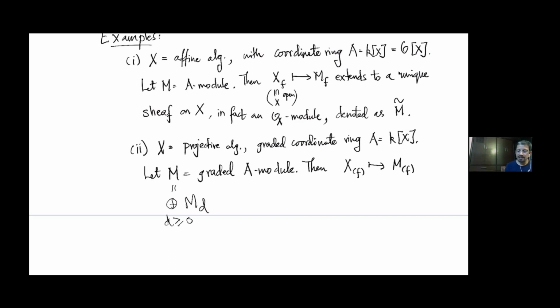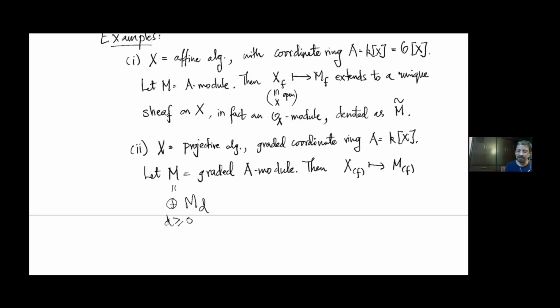And then X_f goes to M_f. X_f is my basic open set where f is not 0. Again, f is a homogeneous polynomial on the coordinate ring. It's not a function, but the locus where f is 0, one can show, is well defined.